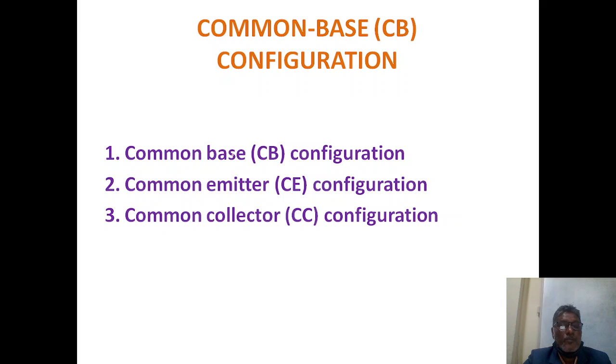So that is why we are widely using the common emitter configuration or connection system of amplifier, because it has both current and voltage gain. So today I am going to deliberate or discuss all about the common base or CB configuration system of an amplifier.